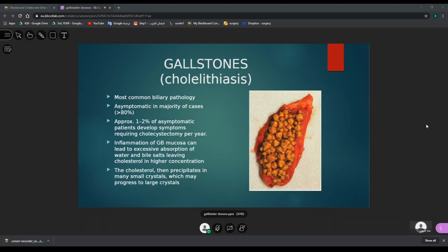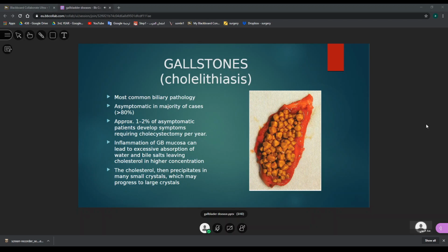It is asymptomatic in the majority of the cases. So if we do an ultrasound for thousands of patients, we find a patient who's having gallstones, but he is not complaining. He's asymptomatic. Approximately 2% of asymptomatic patients develop symptoms requiring surgery.